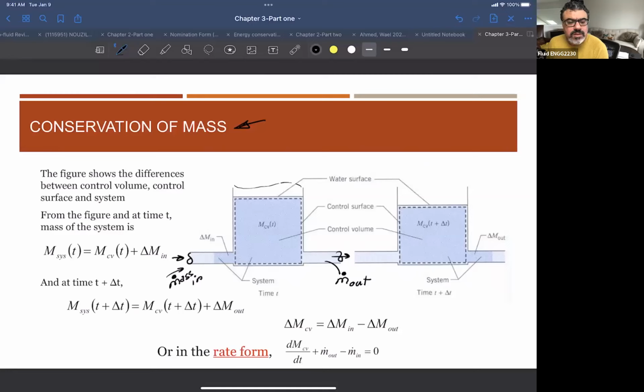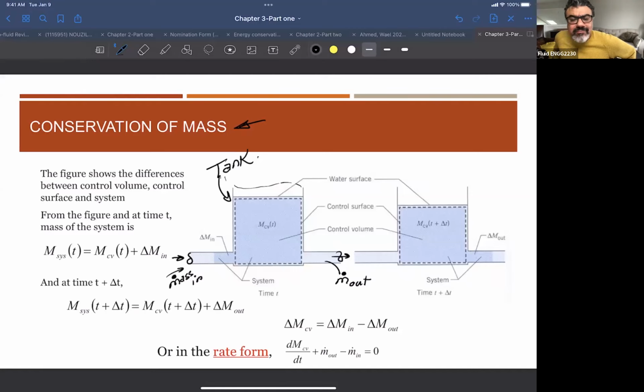Now, imagine I have mass coming in that is much greater than what is going out. What happens? Let's say, for example, it's water here, and this is my tank. So I have a lot of mass coming in, but only a small amount of mass going out.